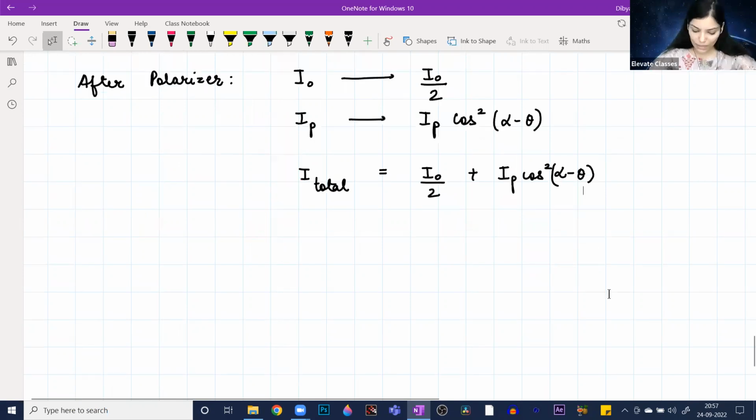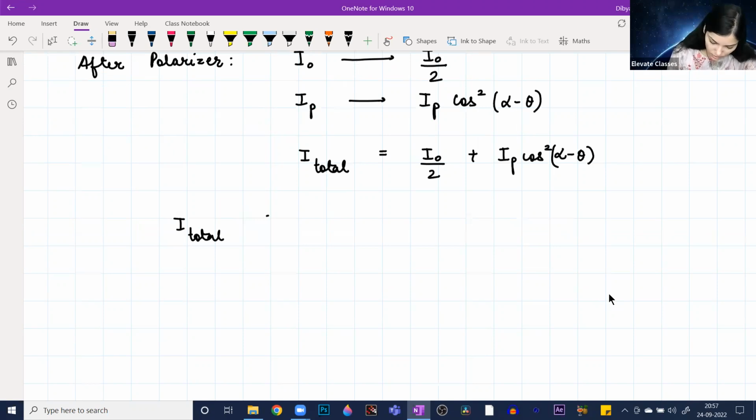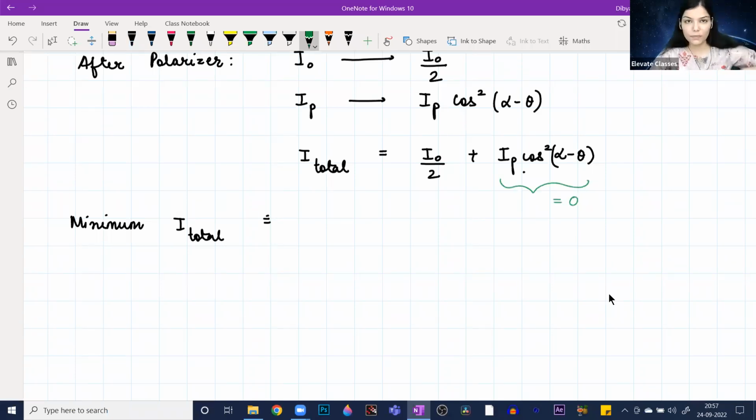So if I look at I total, if I want to take the minimum of I total, what is the minimum? The minimum of this means whatever this term is should be equal to 0. Then I should get a minimum.